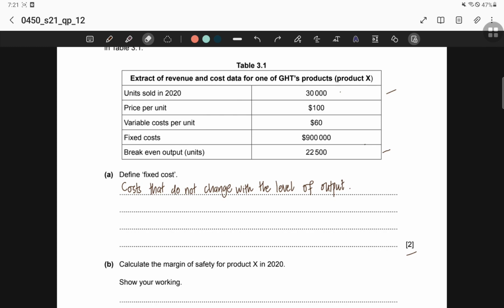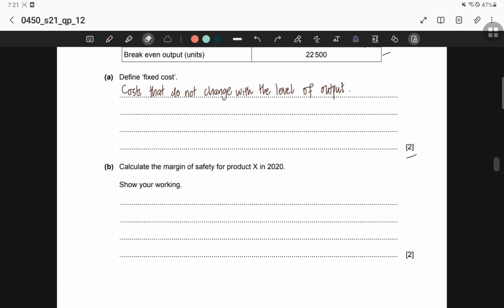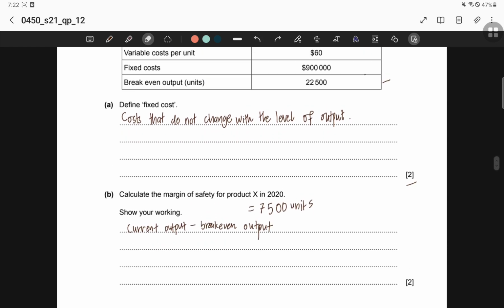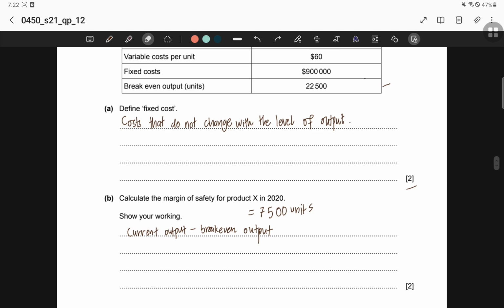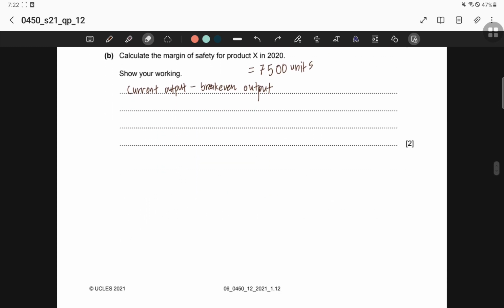So what you have to do is you have to minus them, and then you'll get this. If you were to write the formula and your final answer is wrong, you'll still get a mark. And if you were to write just the answer by itself without the working or the formula, you'll get 2 marks as well. So either is fine as well.